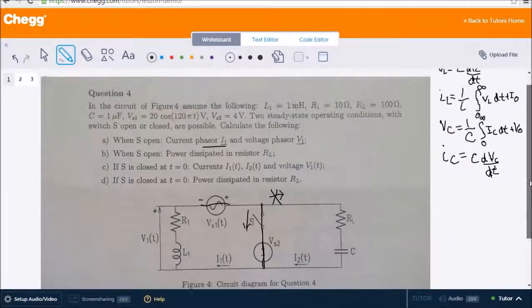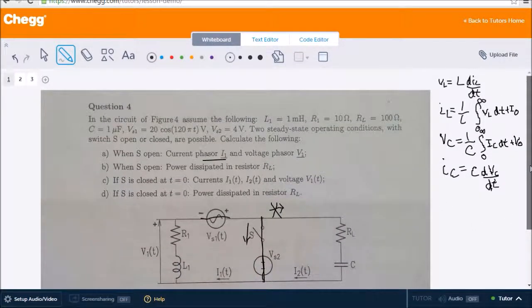Remember, we used a loop equation to solve for voltage in order to find the current. I know it sounds kind of backwards, but remember, we did a loop equation the first time around the whole loop, because we knew that the voltages were all dependent on the currents here.